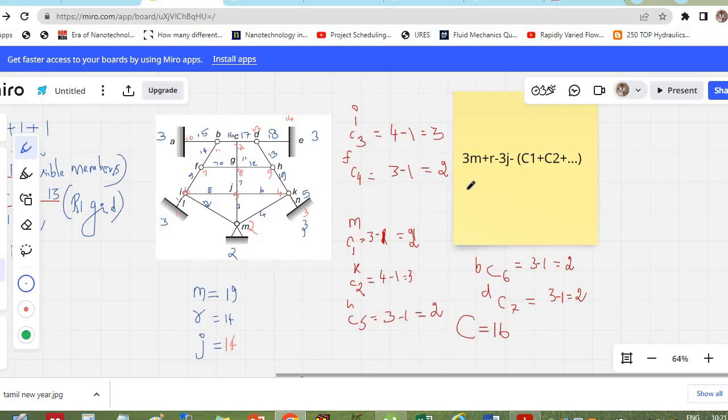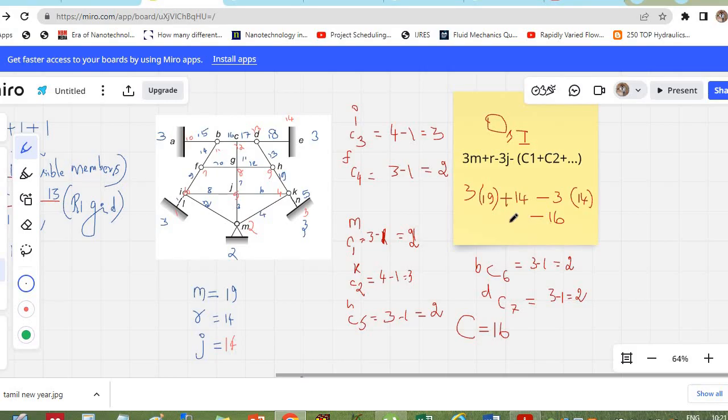Now we will substitute in this formula. The degree of static indeterminacy equals 3 into 19, plus reactions 14, minus 3 into 14, then minus C, which is minus 16.